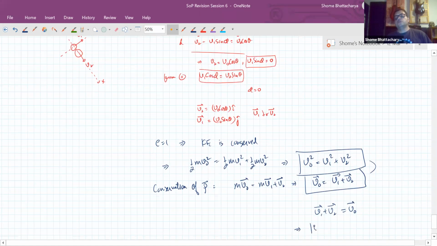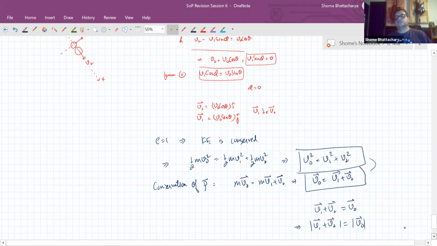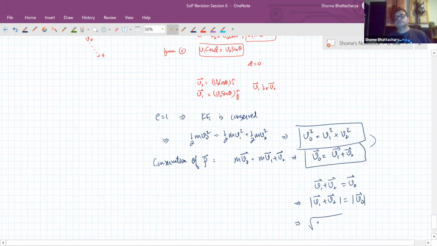So the magnitude of v1 plus v2 should be equal to the magnitude of v0.